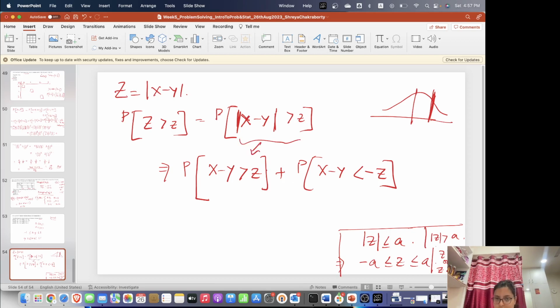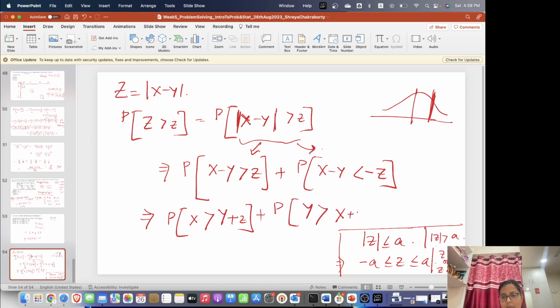Either this is greater than z. If this difference is greater than z, then modulo of this difference should also be greater than z. But if this difference is less than minus z, then modulus will be greater than z. Okay? Yes. So this we are splitting up. So once we have done this, we can write it as probability x greater than y plus z plus probability y greater than x plus z.